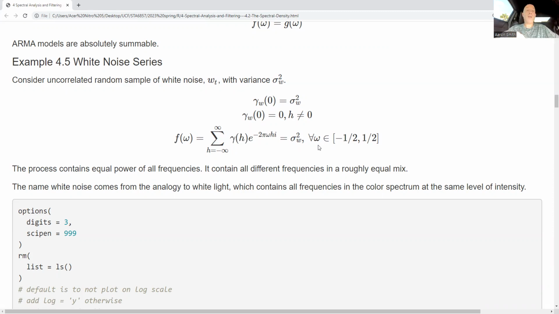So this process contains equal power at all frequencies, in roughly an equal mix. This is why we call it white noise: when we talk about white light, all frequencies in the color spectrum are at the same level of intensity. Since we have the same intensity at all frequencies in this example, we call it white noise, and that's where the name comes from.